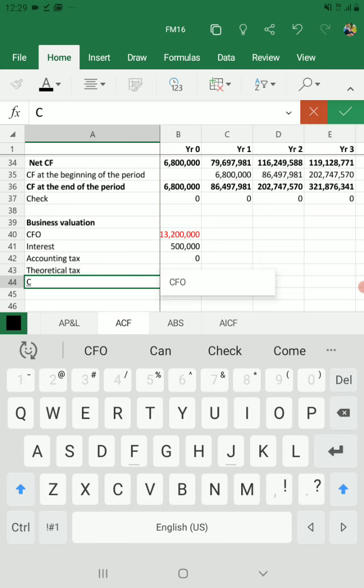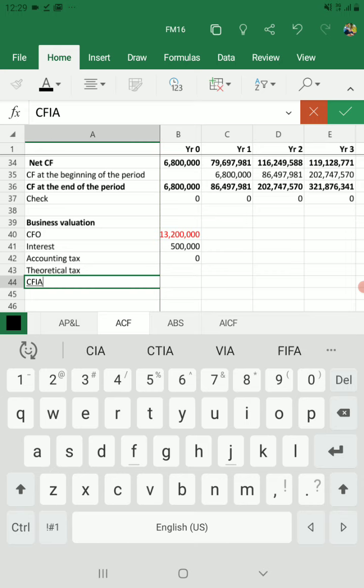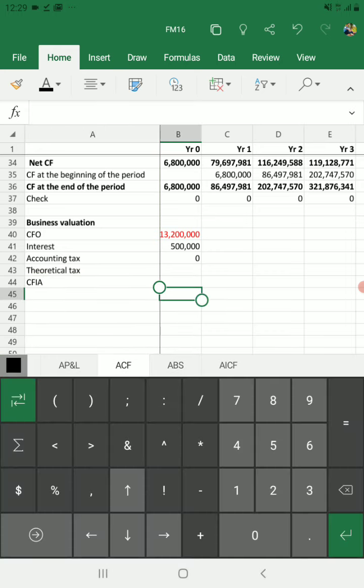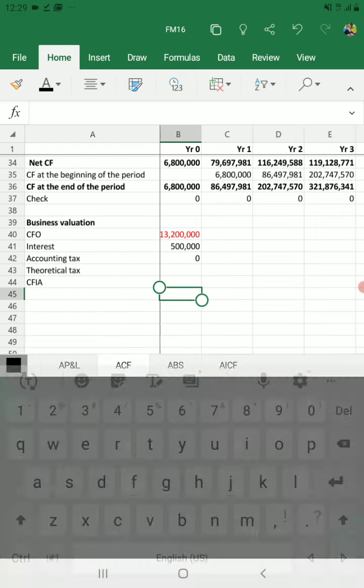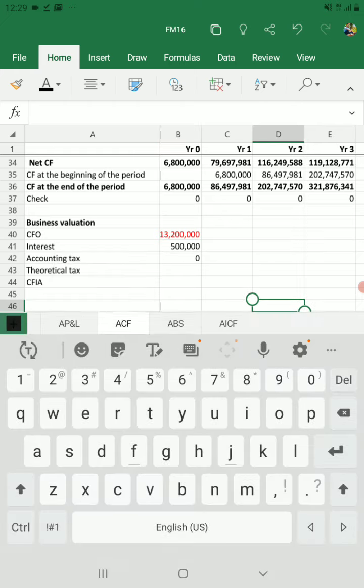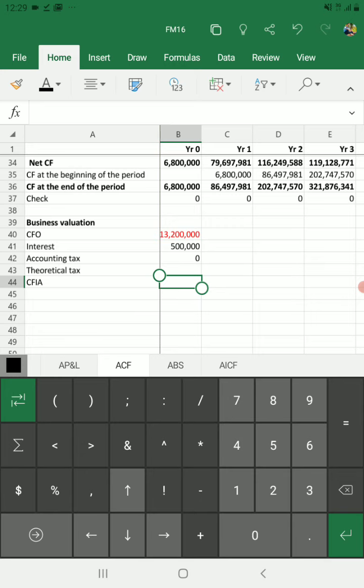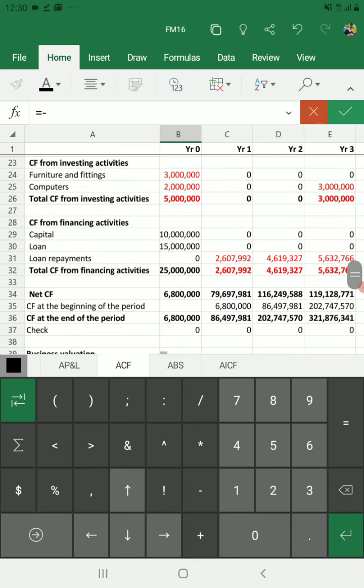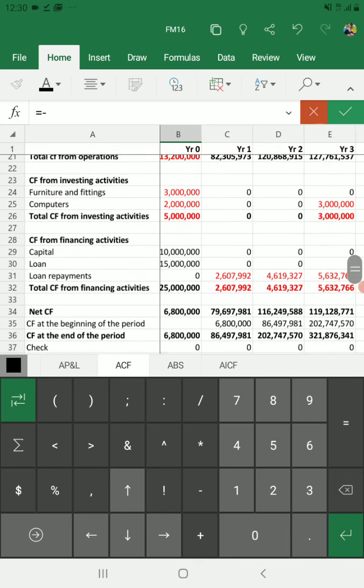And then we will need to remove from cash flow from operations the cash flow from investing activities, CFIA. So I add back here, start with equal sign and start with negative sign and pick the total figure for cash flow from investing activities in year 0 here.